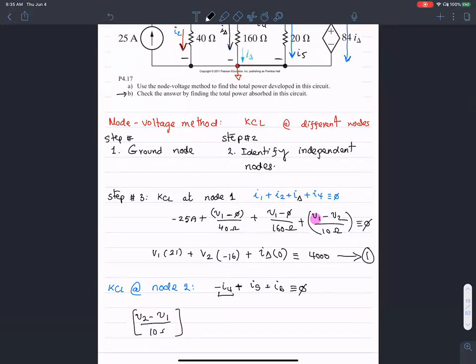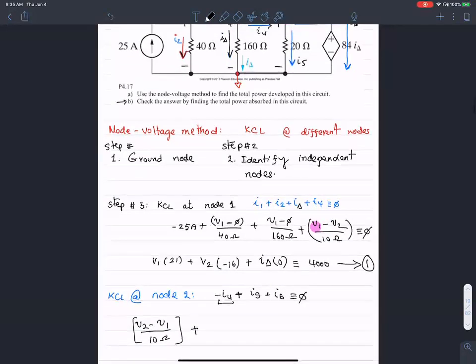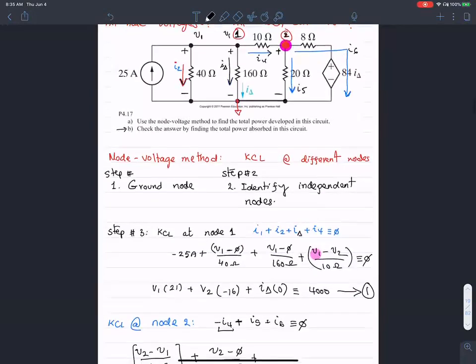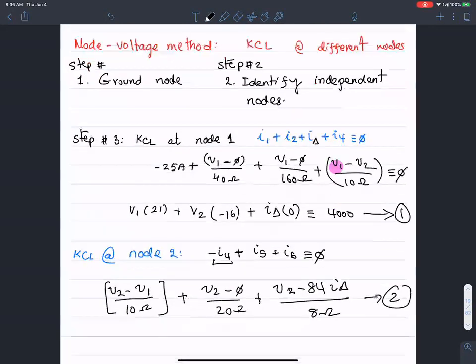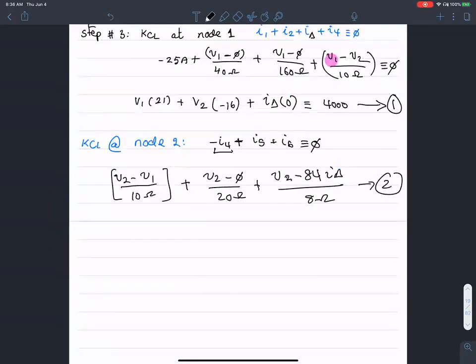And then for I5, we have V2 minus 0 divided by 20 ohms. And for I6, we have V2 minus 84 I delta divided by 8 ohms. Correct. So it seems there is a third unknown variable here.